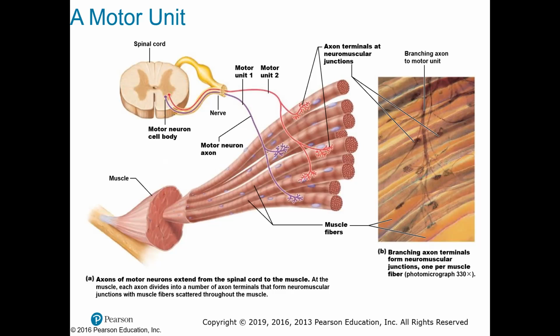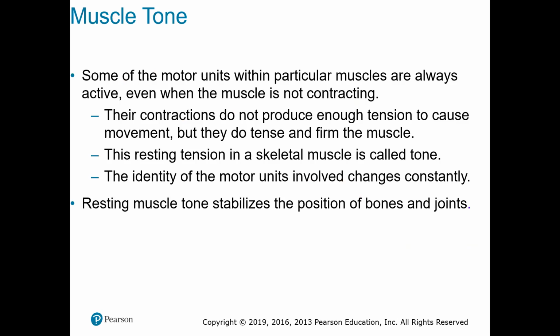We don't have to have fine control for standing upright. Our back muscles, same thing. But if we're getting into our eyeballs or our hands, we're going to have fewer muscle cells connected to the motor unit.